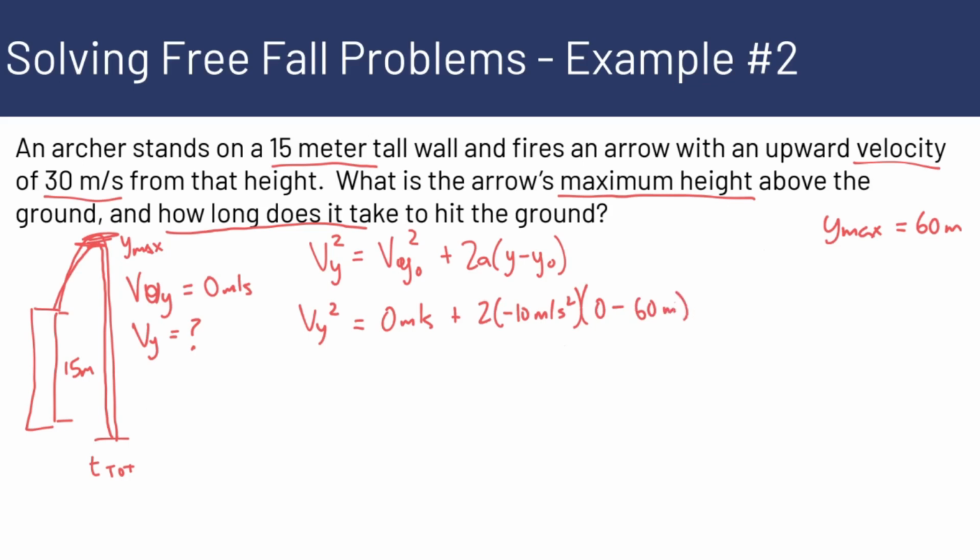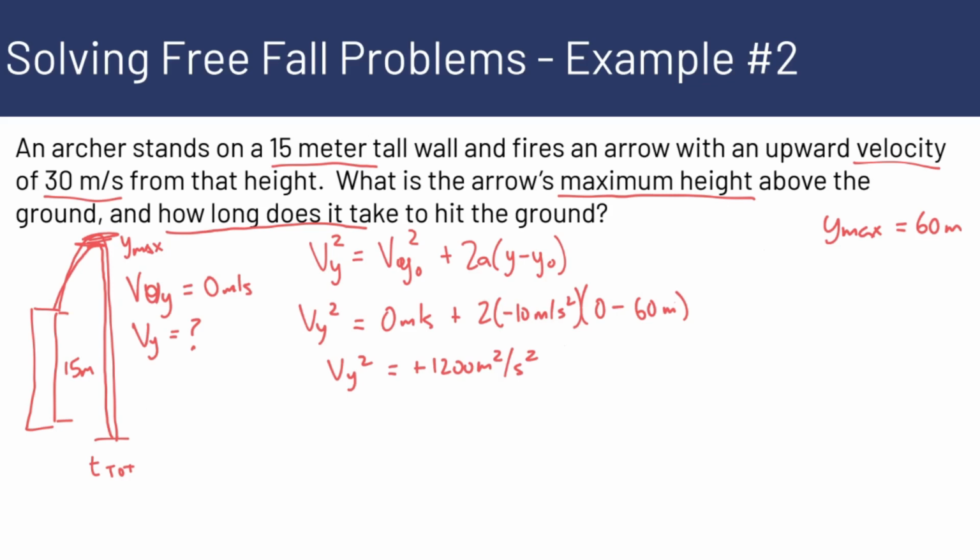So if we do some simplification here, we have vy squared equals, that actually ends up being a plus, 20 times 60 is 1200 meters squared per second squared.